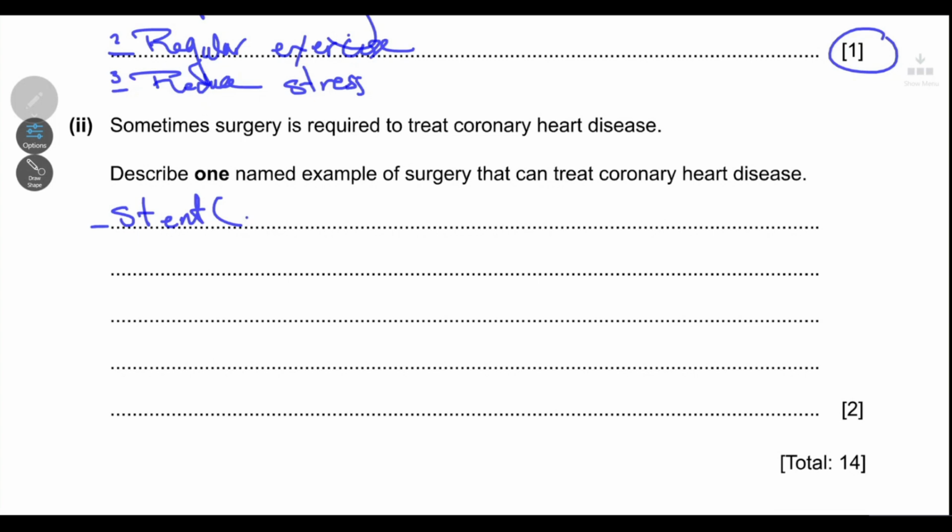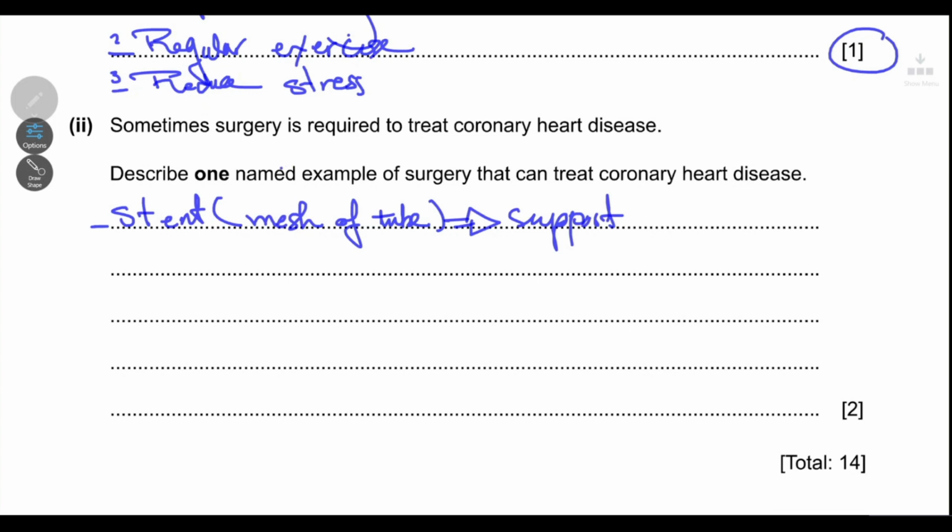The stent is a mesh tube, which is used as support for the damaged or plugged coronary artery branch.